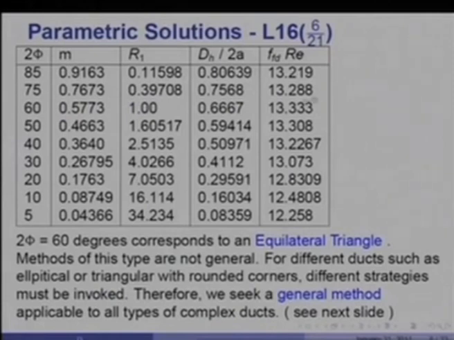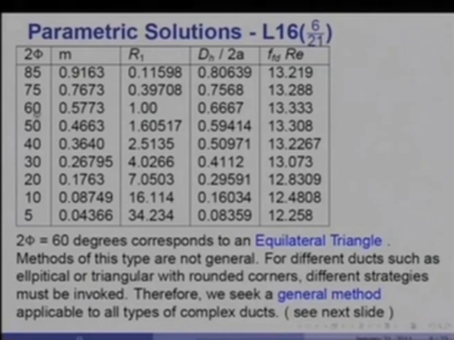Here are some solutions. So, I begin with 85, 75, 60, 50, 40, 30, 20, 10 and 5. The value of m, that is the tan phi, is given. The evaluated value of r 1 is also given. The hydraulic diameter values are also given, and here are the friction factor versus Reynolds numbers that are evaluated for each geometry.